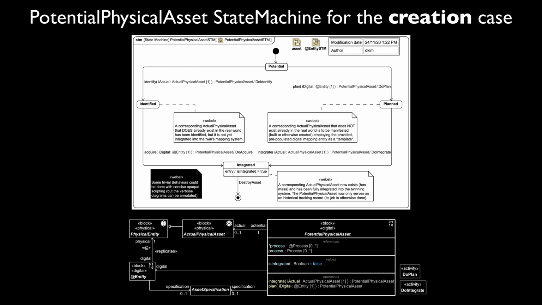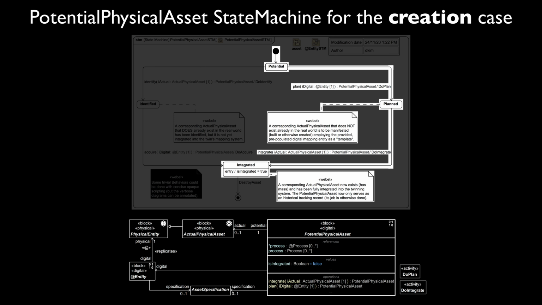Now this time we're going to take a different pathway through the state machine. We're going to go from potential to planned to integrated. The digital entity that will contain information about 3D aspects, spatial aspects, and material aspects is passed with the operation plan to the potential physical asset.